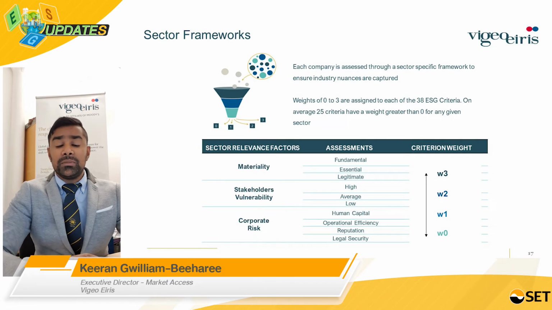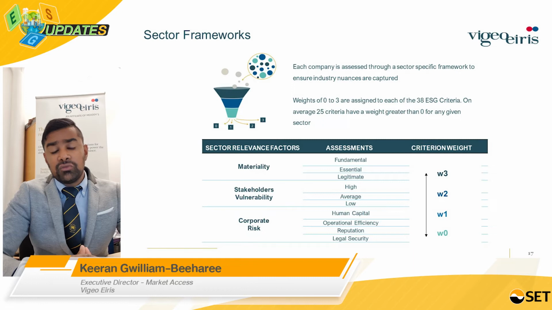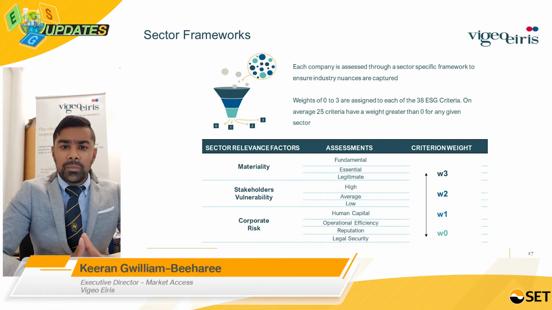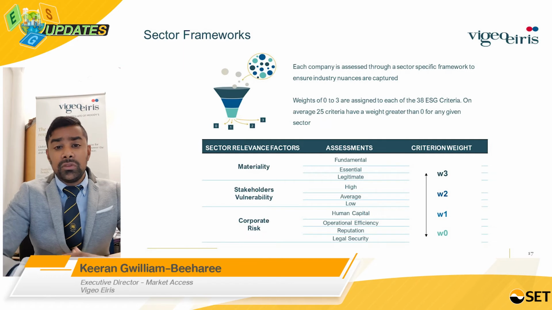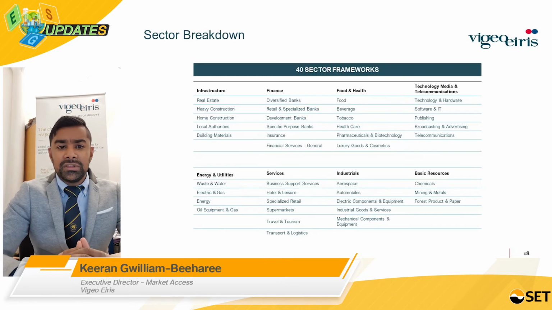So here we're looking at potential impacts to human capital, to operational efficiency, to reputation or legal security. But then we also look at potential risks to stakeholders as well. So what's their level of vulnerability to the company's management of this issue? And what's the materiality for them? For every single one of those 38 criteria, we build weighting scores from 0, meaning this is immaterial for this sector, to 3, meaning that this is highly material.